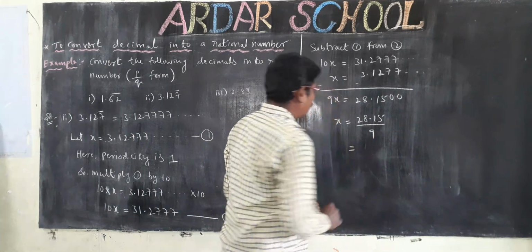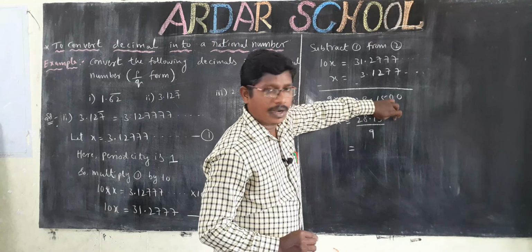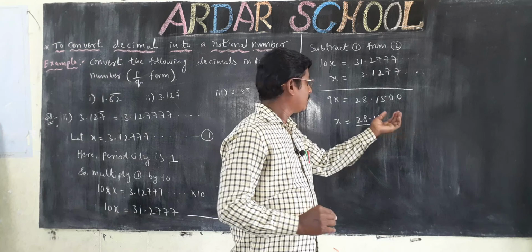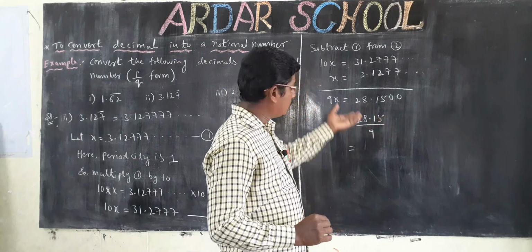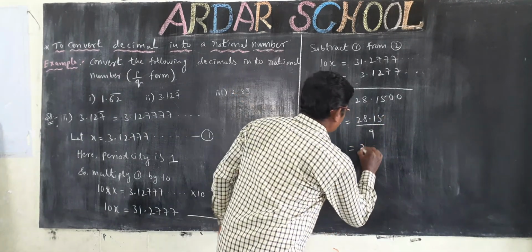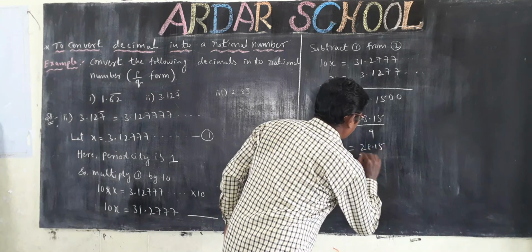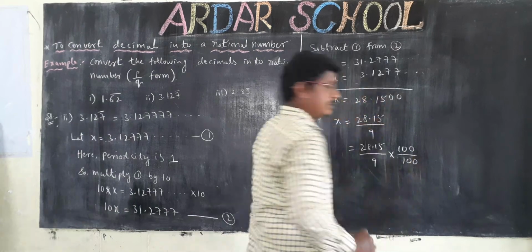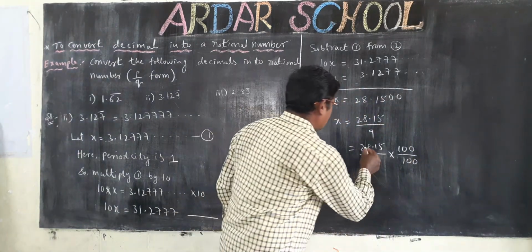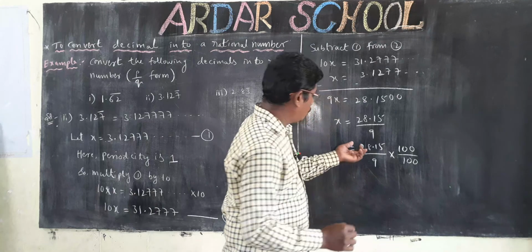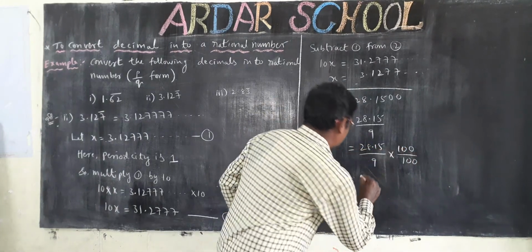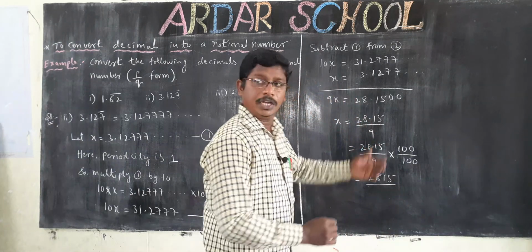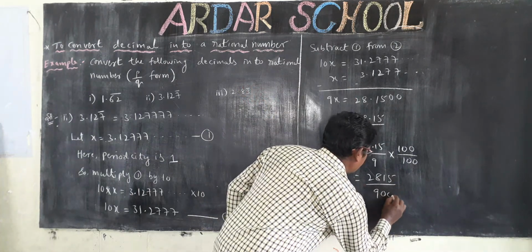Okay, so now we have to convert this 28.15 by 9 into rational form. How to multiply with 100? Here 2 decimal places are there, that's why you have to multiply both numerator and denominator by 100. So 28.15 by 9 into 100 by 100. This is converted into 28.15 into 100, which means 2815, and 9 into 100 is equal to 900.